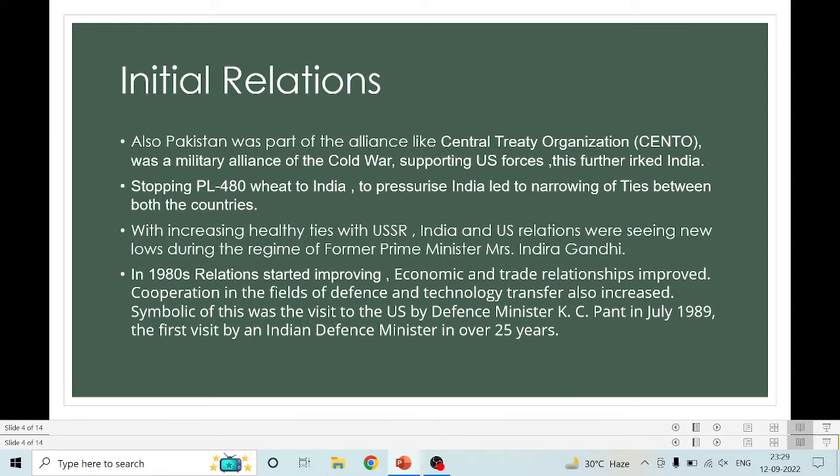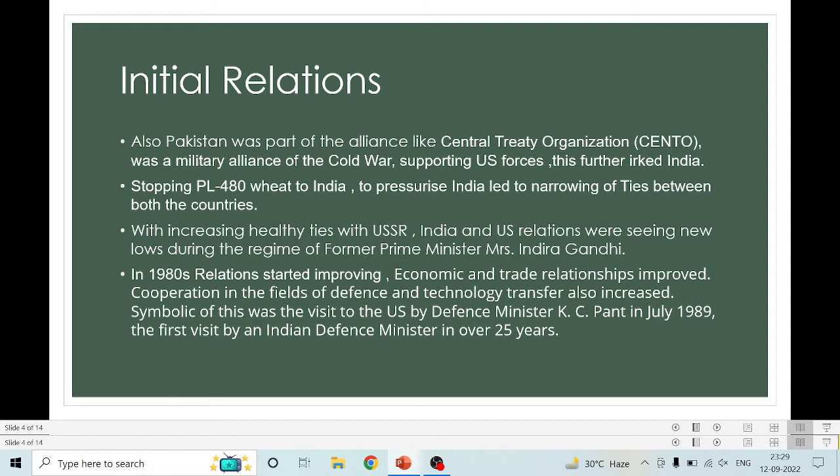Then there was a healthy relationship between India and USSR. This was because of the legacy of Jawaharlal Nehru and Russia's closeness in the initial years, and then during Mrs. Gandhi, the ties reached a new height because USSR was someone who supported India in the 1971 war, when USA, Britain, and Pakistan were converging together, and there were news of nuclear submarines reaching India.